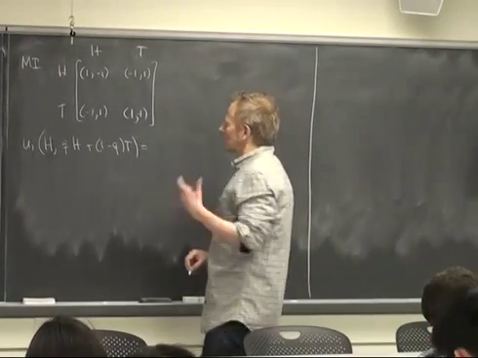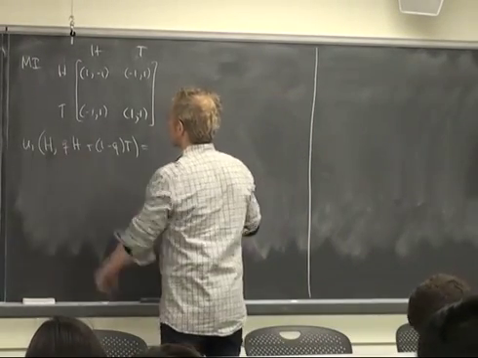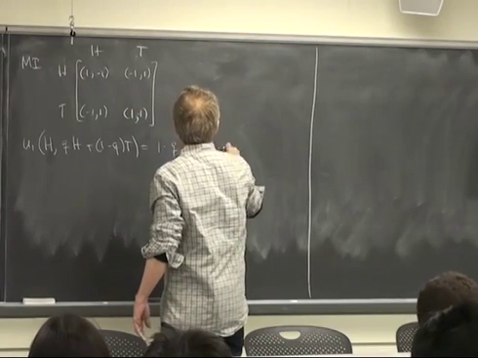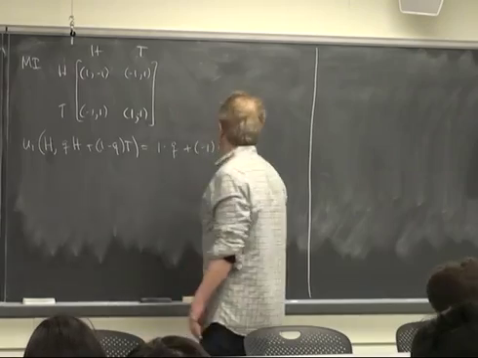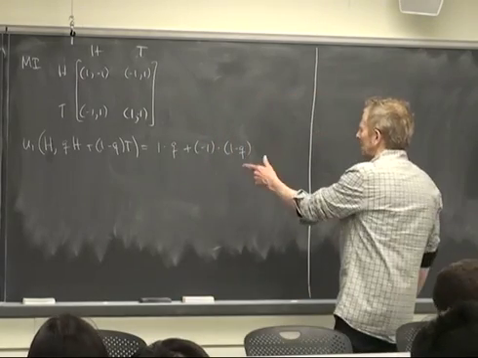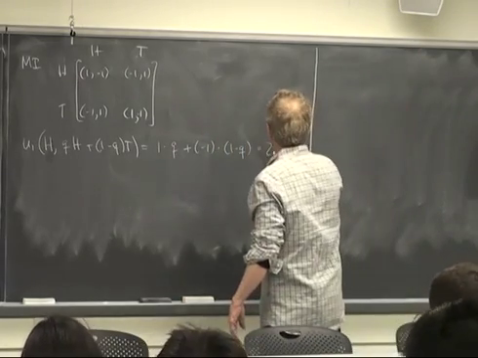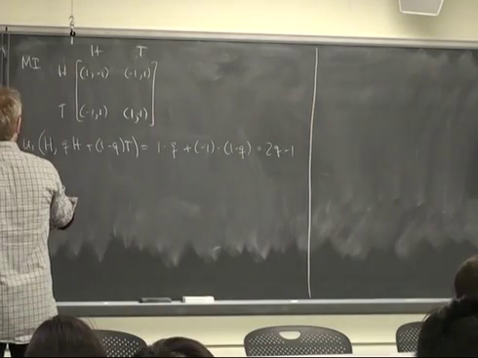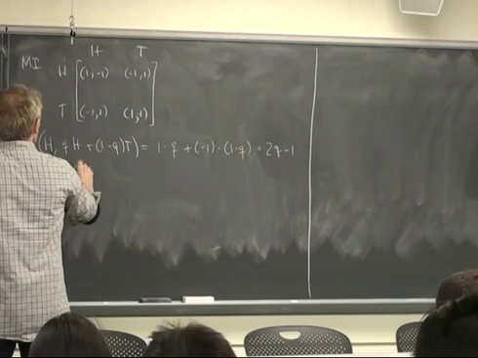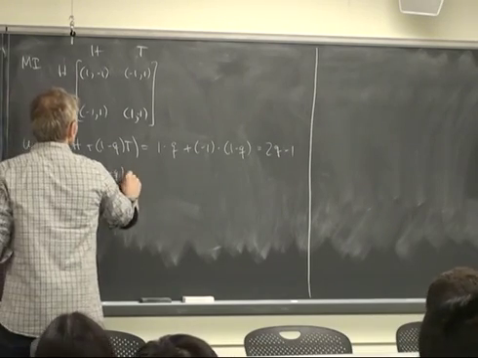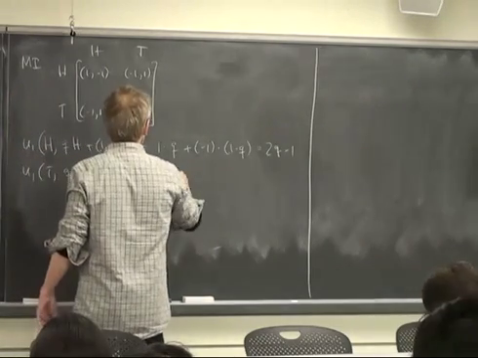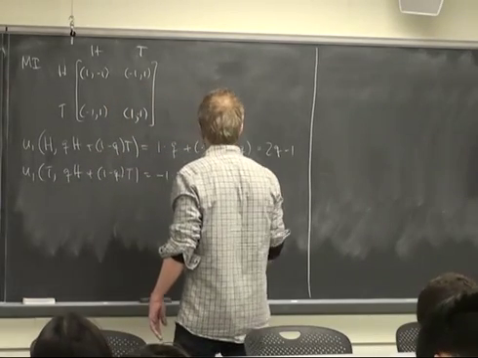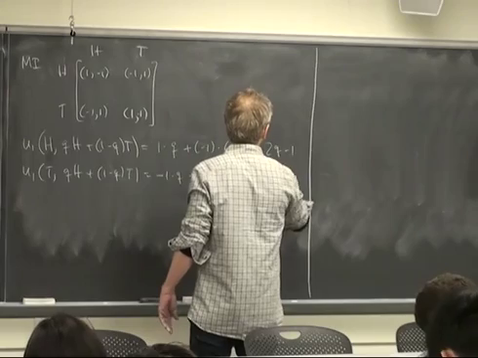Okay, so player 1's payoff to playing heads against that mixed strategy is going to be 1 times Q plus minus 1 times 1 minus Q, which equals 2Q minus 1. His payoff to playing tails against QH plus 1 minus QT is going to be minus 1 times Q plus 1 times 1 minus Q, which is 1 minus 2Q.